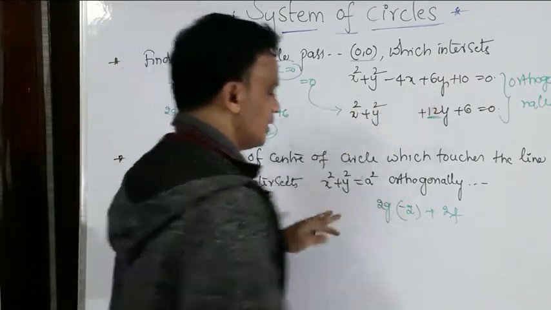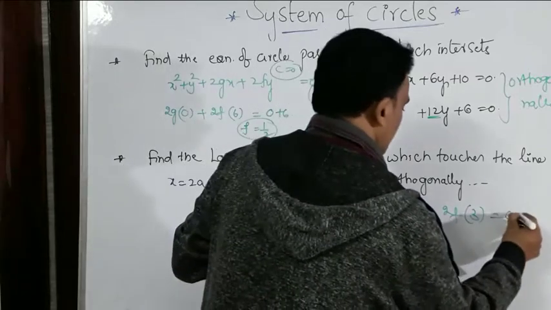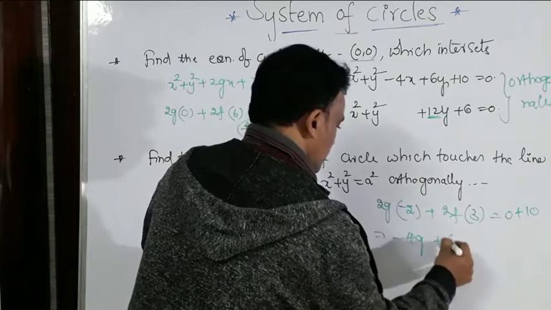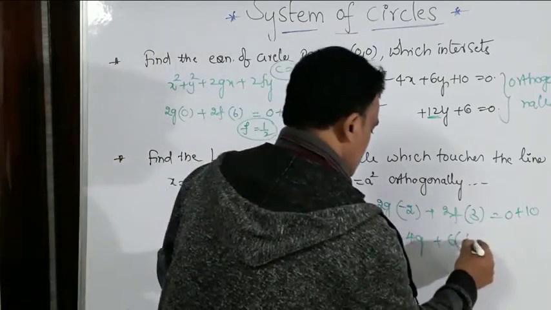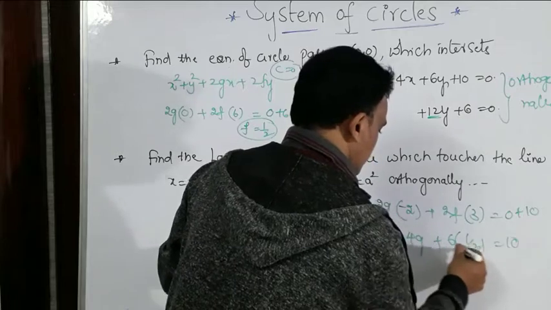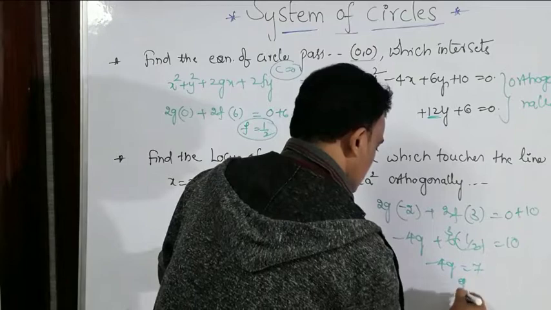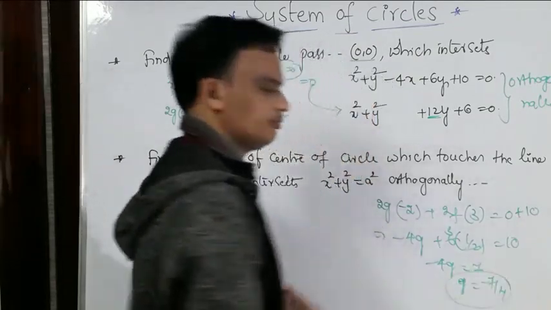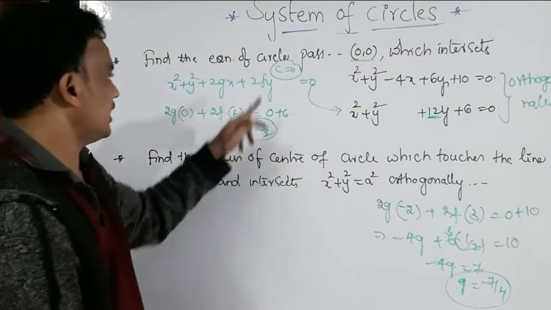What is the f dash value? 3 is equals to c value already 0 plus c dash is 10, which is minus 4g plus 6f. What is f value? Already 1 by 2. So 6f is equals to 10, which is 3. So minus 4g is equals to 7, g is equals to minus 7 by 4. So you got the values of g, f and c.